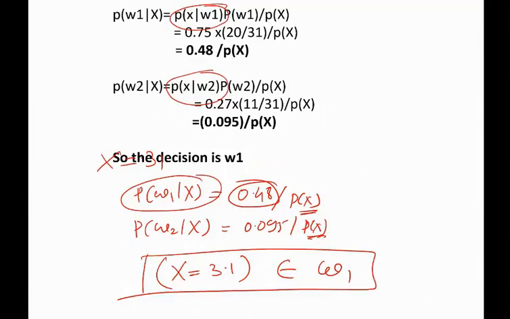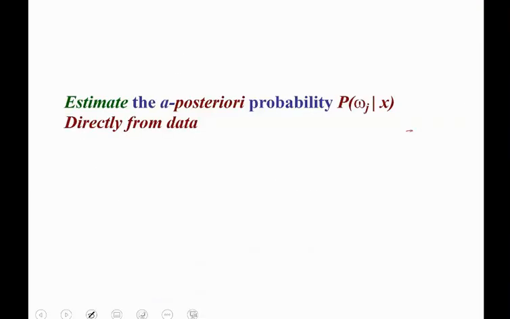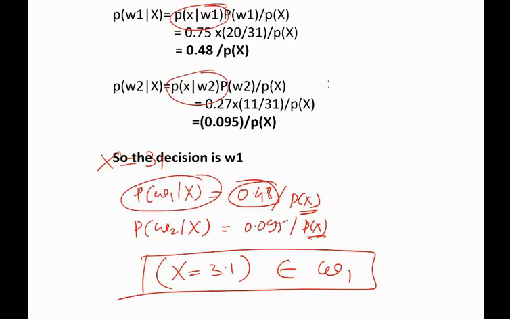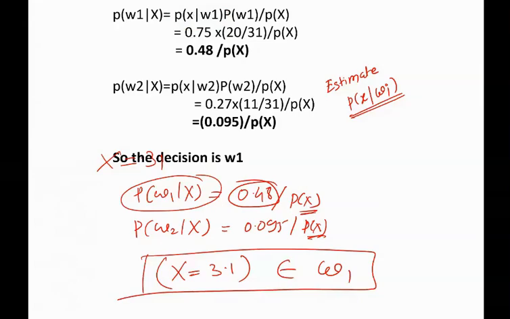Now these are methods which estimate likelihood, that is probability of x given omega i. So this quantity was estimated, and based on that posterior was calculated. Now posterior is what? Posterior is omega i given x. This was calculated and the decision like this was taken.